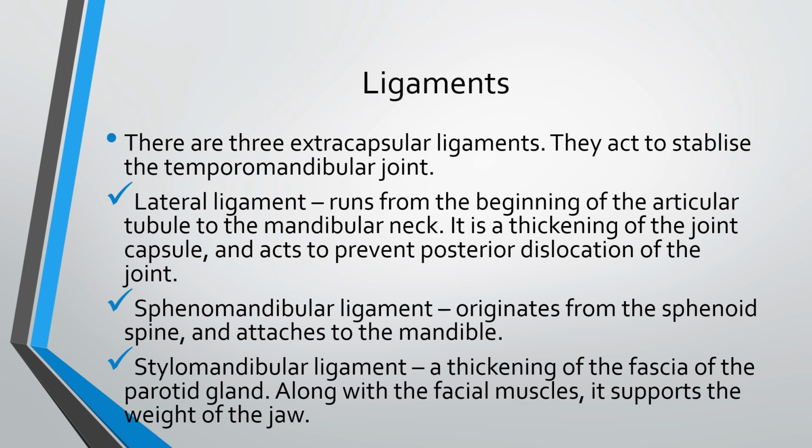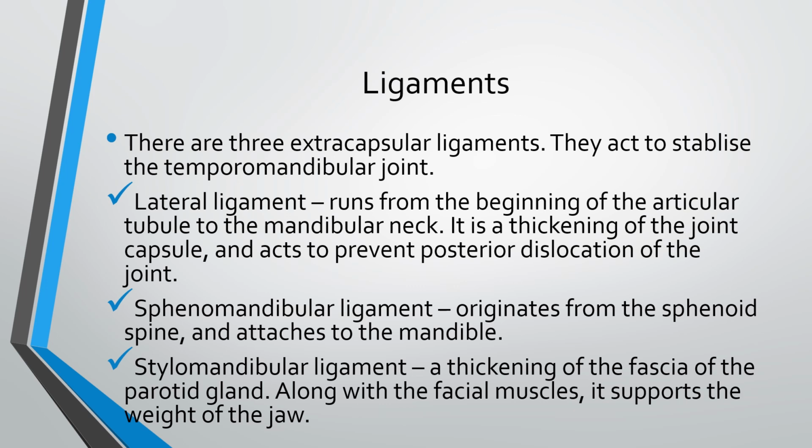Ligaments. There are three extracapsular ligaments. They act to stabilize the temporomandibular joint. We have the lateral ligament, which runs from the articular tubercle to the mandibular neck. It is a thickening of the joint capsule and acts to prevent posterior dislocation of the joint.